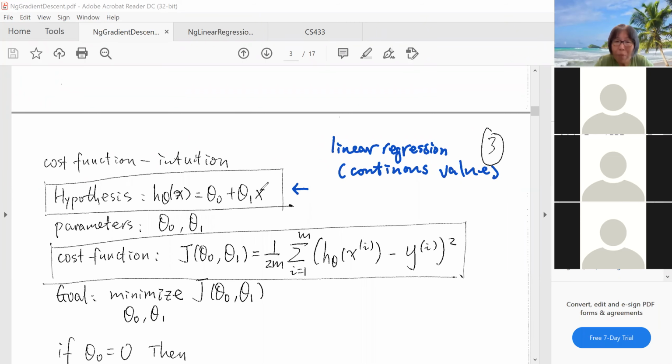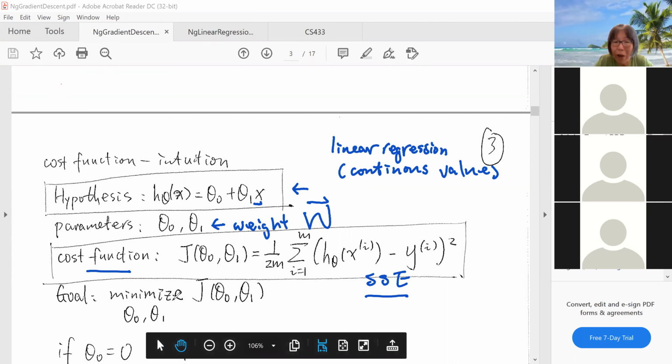So we hold this hypothesis is a linear relationship regarding the predicted value and the features, is it? And the parameters here are the weights, so basically it's our W. And we define our cost function as the sum of the square of error over 2 times the number of samples. So our goal is to try to minimize the cost function. What is the optimal weight?